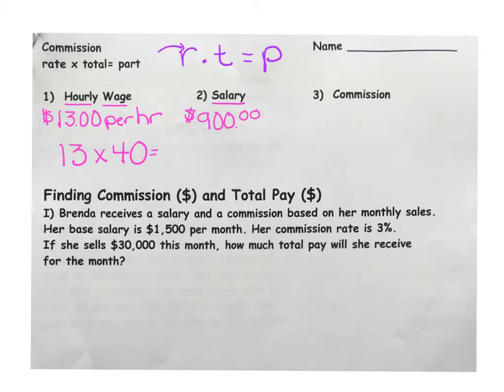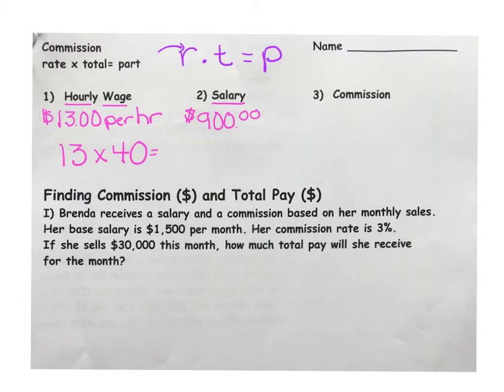So if perhaps the business is busy, that person may put in more hours than a slow time for a business. That's a salary. Typically, you have to work a minimum amount of hours in order to earn that salary.